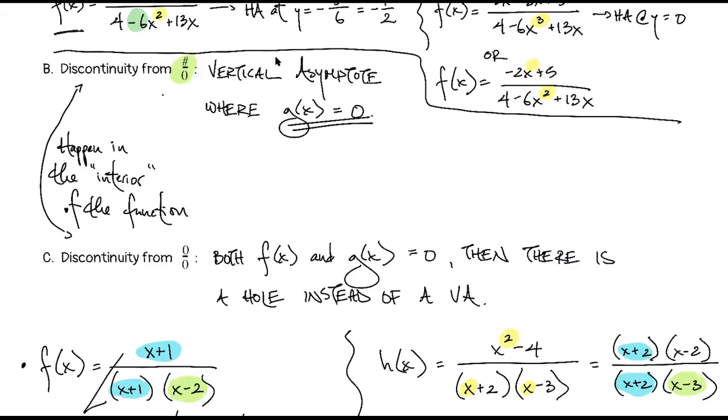And since they happen in the interior parts, they are not considered end behavior, because they happen on the inside of the function, not at the very ends of the function. I just wanted to clarify that. No worries if that was a mistake you made on the quiz. I just want to make sure you're clear on it for tomorrow, that when I say end behavior, it could be up, down, or a number if your curve flattens out, okay?